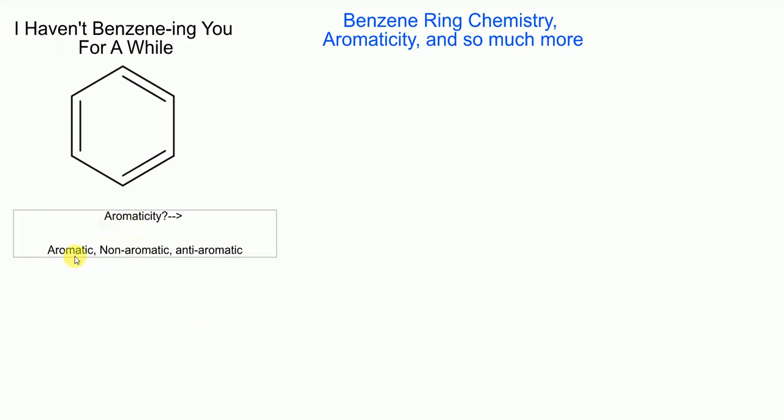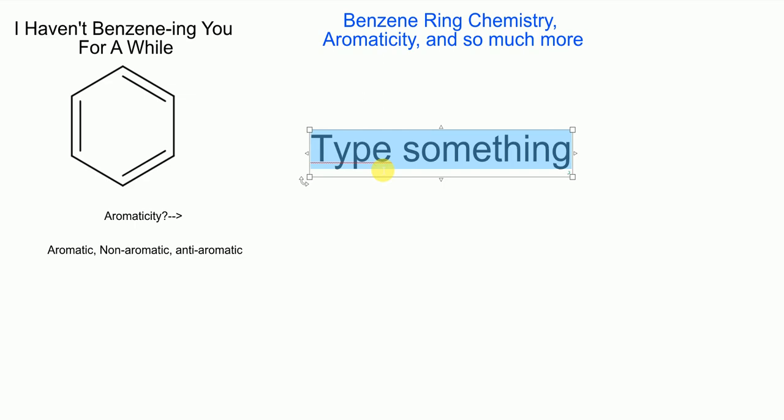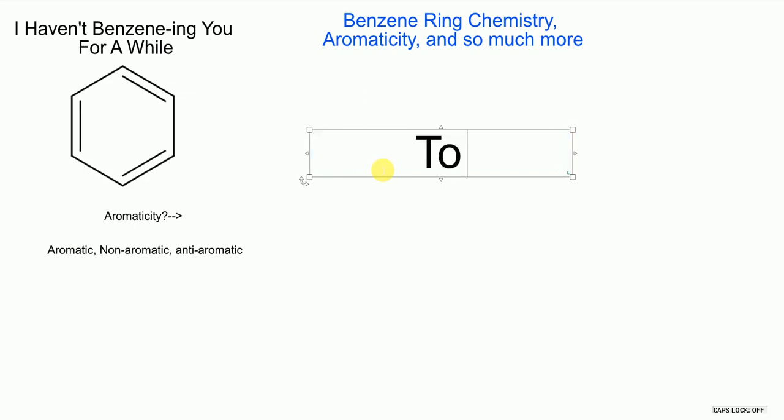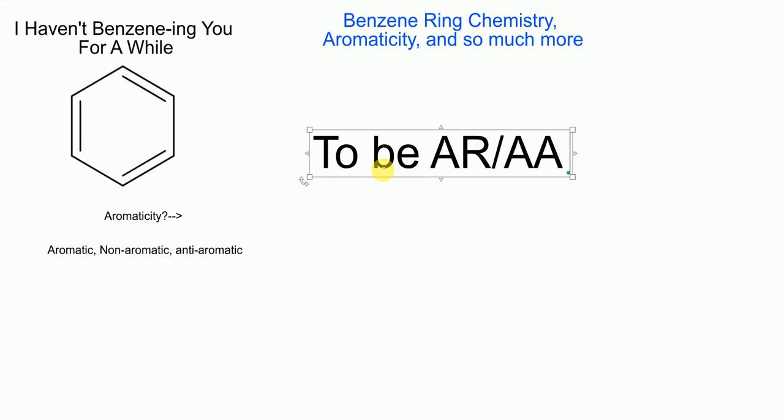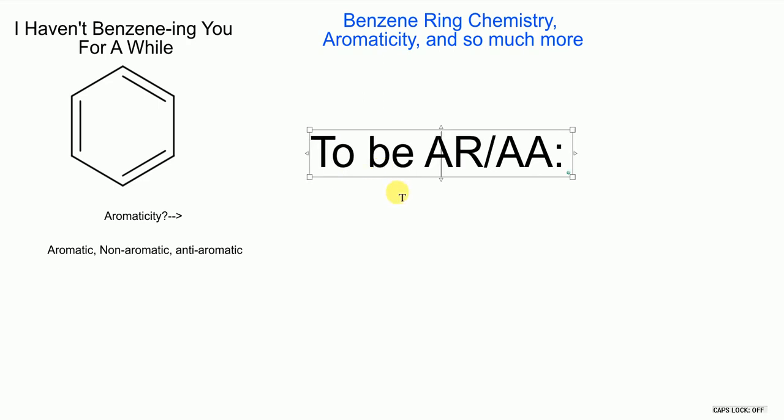Now let's get through the nitty-gritty. Let's define some things, and then we can talk about it. I'm going to call aromatic AR for short, and anti-aromatic AA for short. Get used to these short notations.